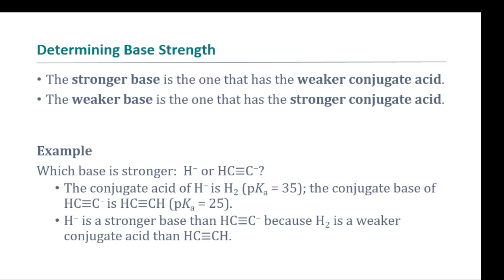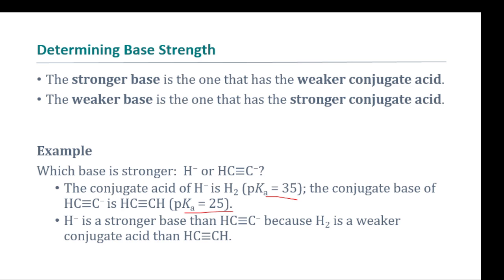All right. So, which base is stronger, H minus or HC triple bond C minus? Well, the conjugate acid of H minus is H2. It has a pKa of 35. The conjugate acid here is this one right here, which has a pKa of 25.